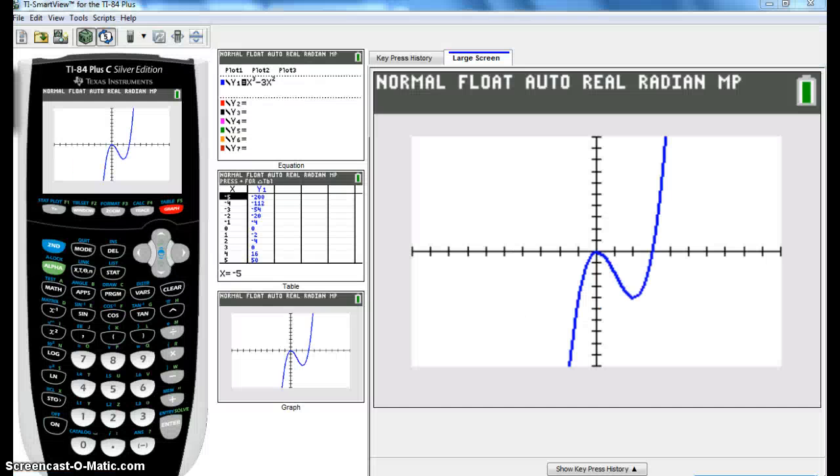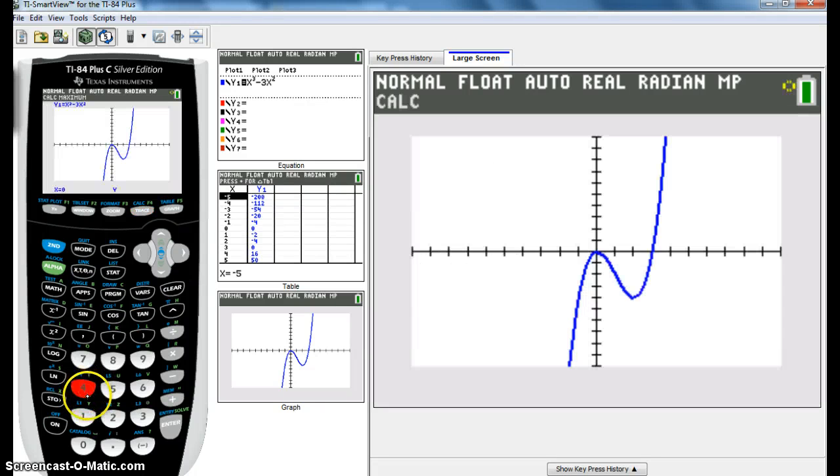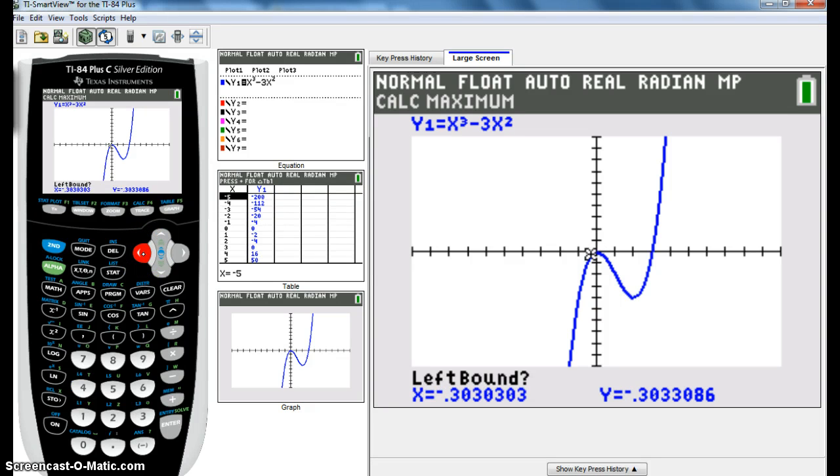Okay, now to prove that we do in fact have a relative max or min, we're going to go to the calculator and hit second, trace, option number 4 for maximum. I'm going to do the same type of thing that I would do if I were finding zeros. I'm going to create a left bound. The left bound here, though, will have a negative y value, as will the right bound.